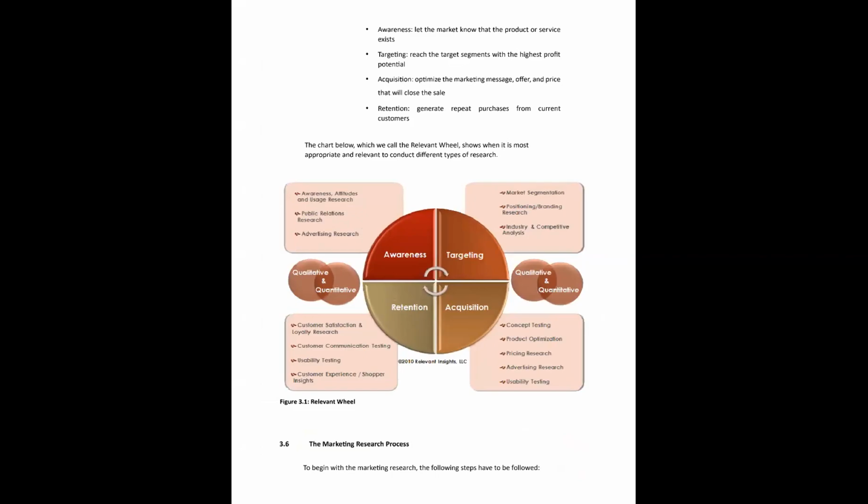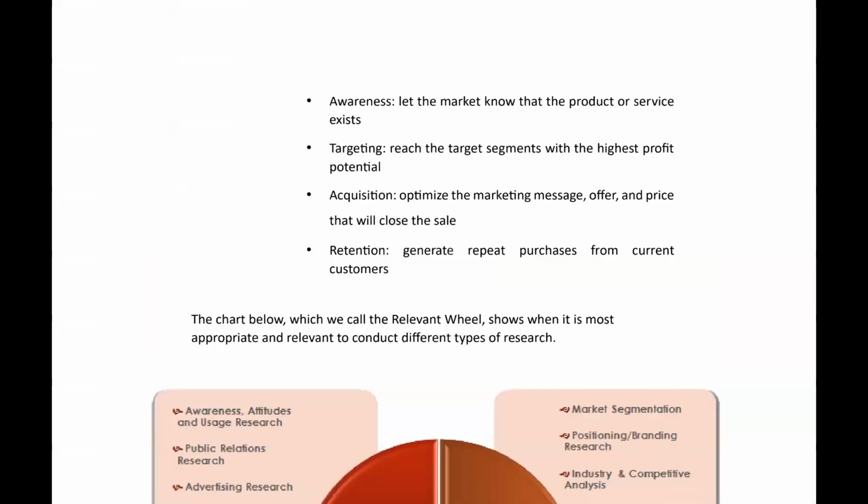The areas include, number one, awareness. In the area of awareness, what type of information do we want? To let the market know that the product or service exists. Targeting: in the area of targeting, this is where we aim at reaching the target segments with the highest profit potential.